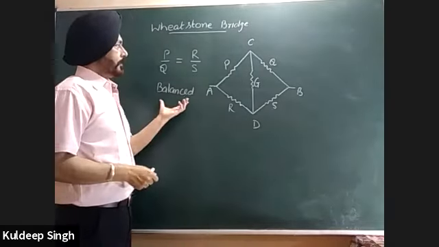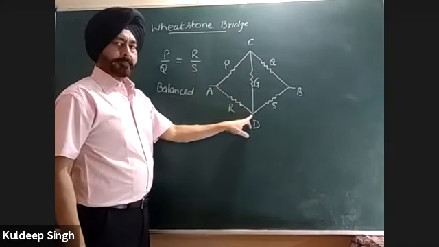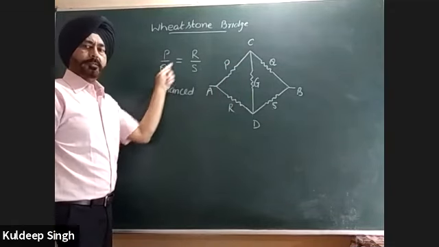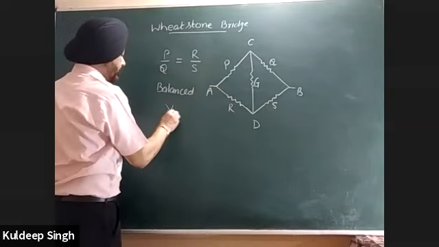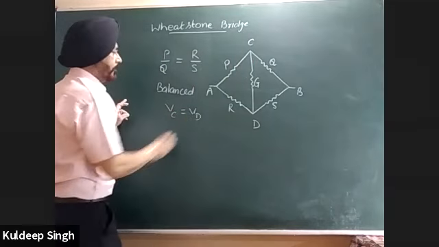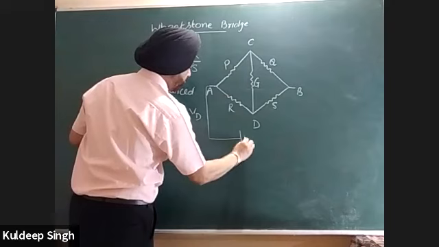The balance is the potential at points C and D. When this condition is satisfied, P by Q is equal to R by S, then the potential at point C is equal to the potential at point D when the battery is connected between points A and B.